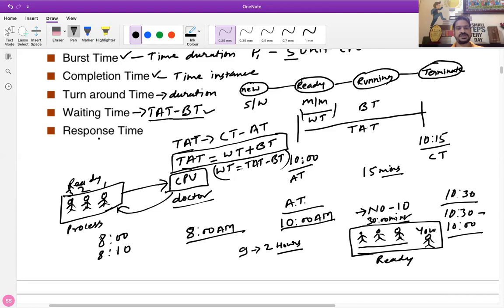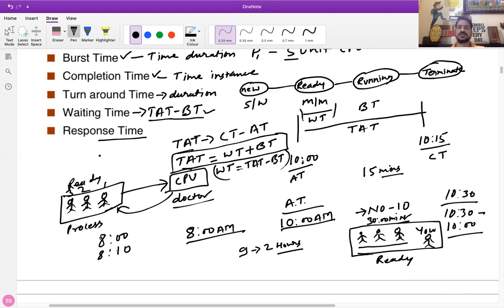Now the last one is the response time. What is the response time? Response time is the time when a process is allocated the CPU for the first time. So when a process gets the CPU for the first time, that time is called response time.